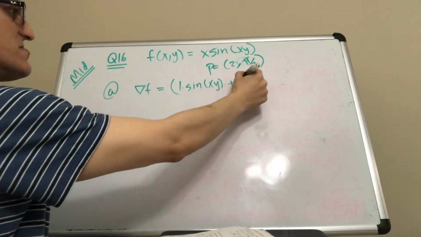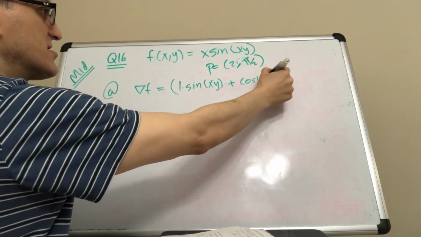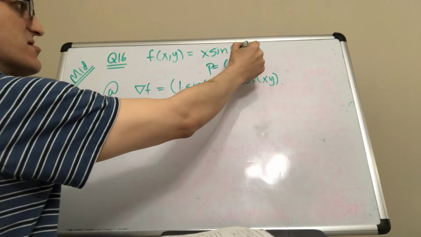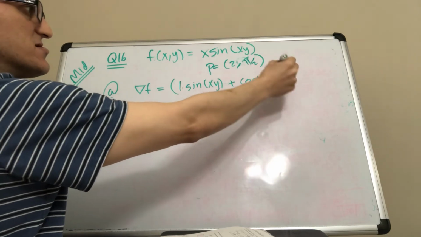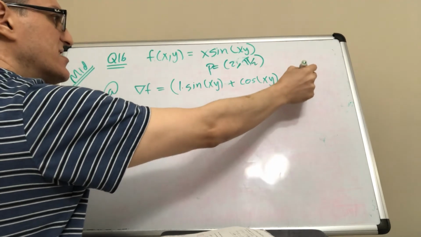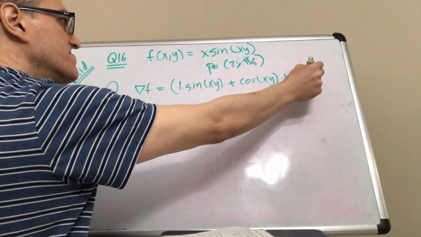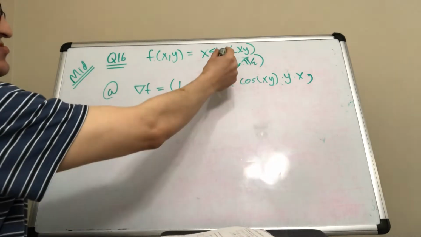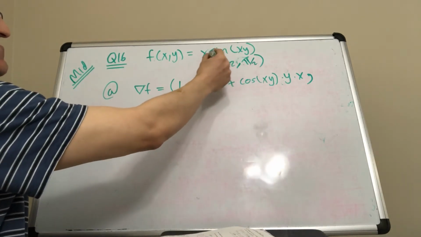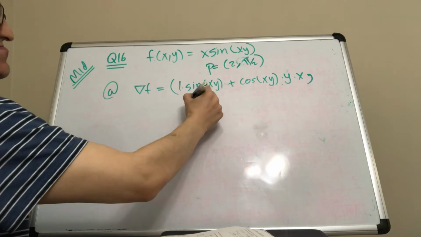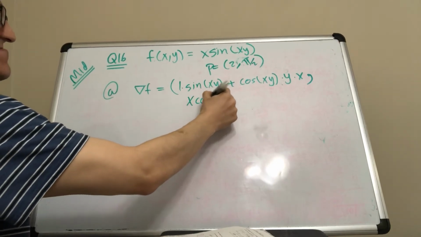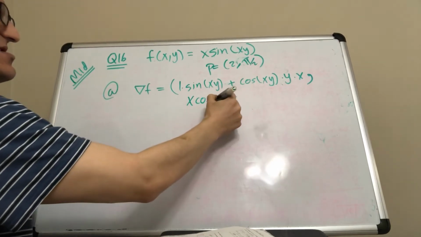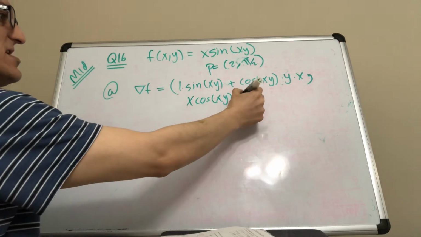Derivative of the second function, which is cosine xy. Derivative of the inside, a constant x, would be the constant times the first one. That's if you do it with respect to x. If you do it with respect to y, derivative of this, x is a constant, so it would be cosine xy times the inside, and it's x.